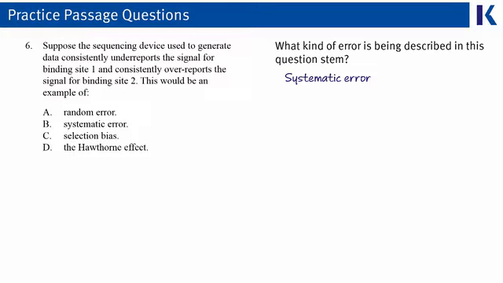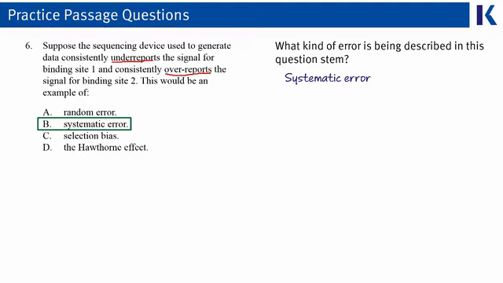In fact, sources of systematic error can actually be pretty hard to spot because the error will be the same from trial to trial, and so it may not appear that there actually is any error present at all. In any case, the answer to this question is letter B, systematic error. The only somewhat tricky part of this question is that the test makers are hoping you'll see the bit about under-reporting for one site and over-reporting for another site, and they're hoping you'll think random error.